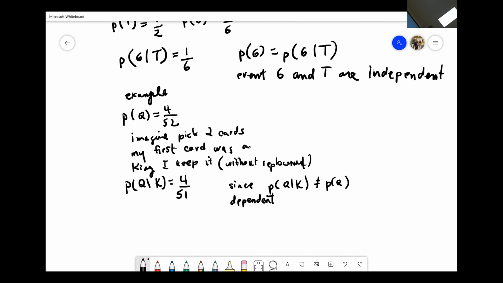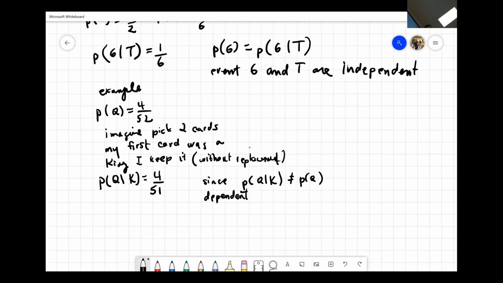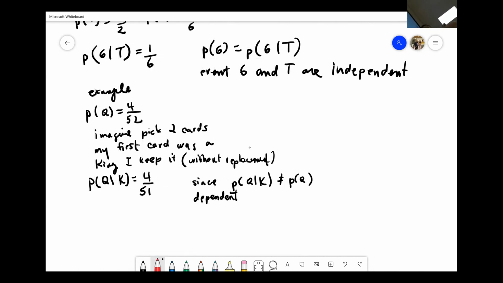How do you make this independent? You change one thing. If you put the card back in, which is what we mean by with replacement, then what happens now?